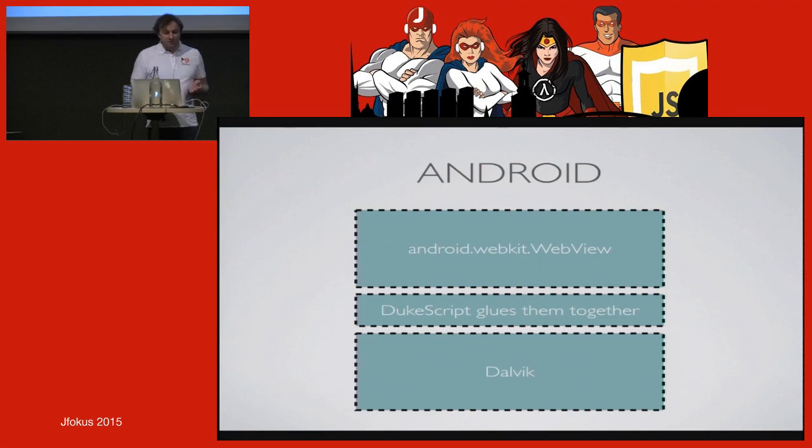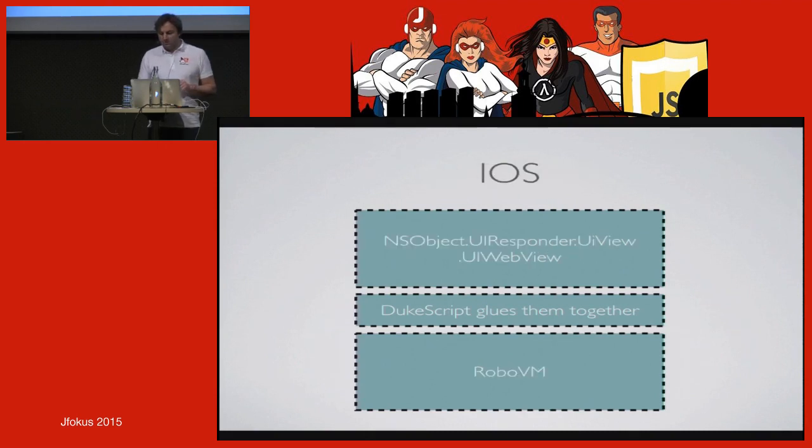If we're on Android, we use Android WebKit WebView, and it runs on Dalvik. And Dukescript again glues those two together. So we have just a regular native Android app that runs in Dalvik, and that just renders its result using this HTML renderer component.